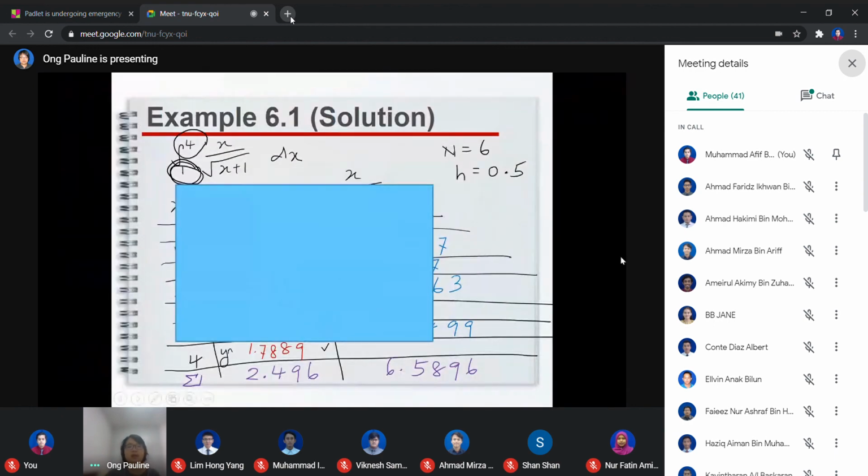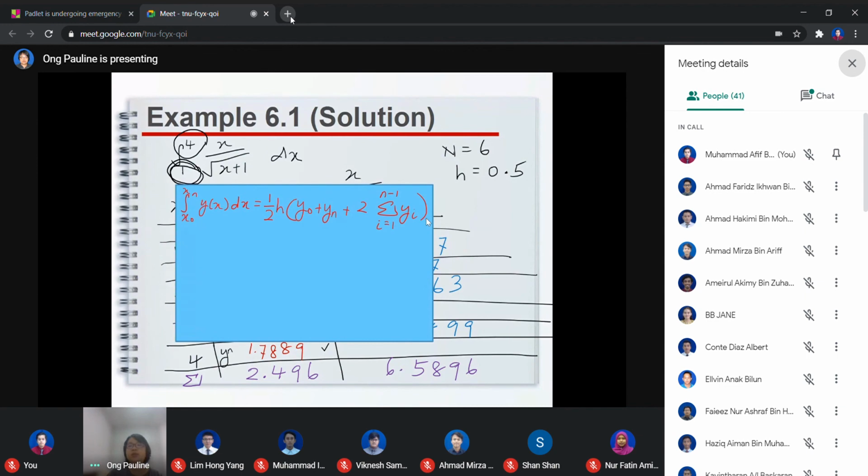For the integration from x0 to xn of y(x) dx, for the trapezoidal rule, we have 1 over 2h times y0 plus yn plus 2 multiplied by the summation of yi, i from 1 until n minus 1. This is the equation for the trapezoidal rule.